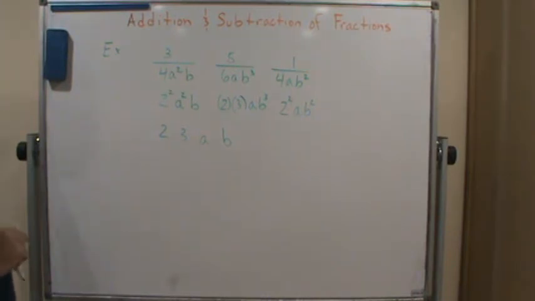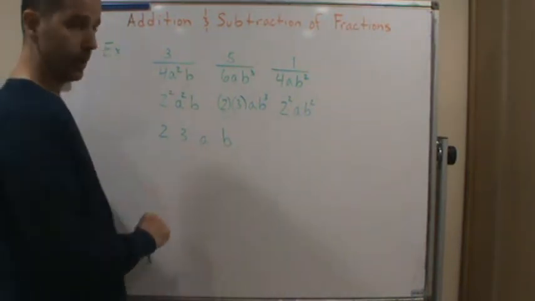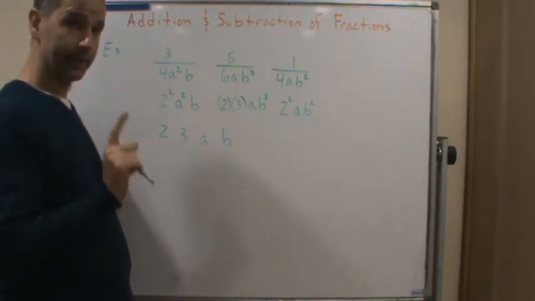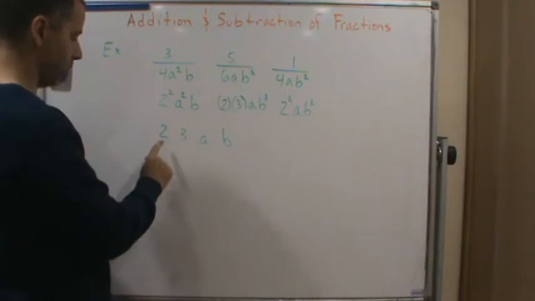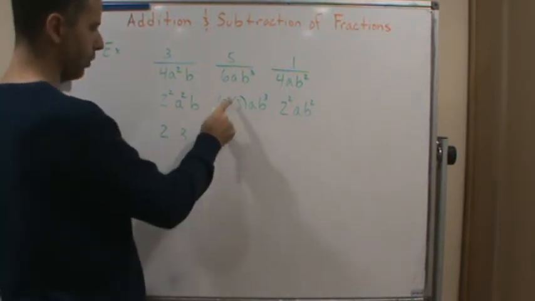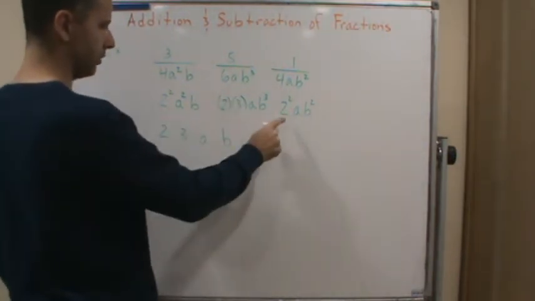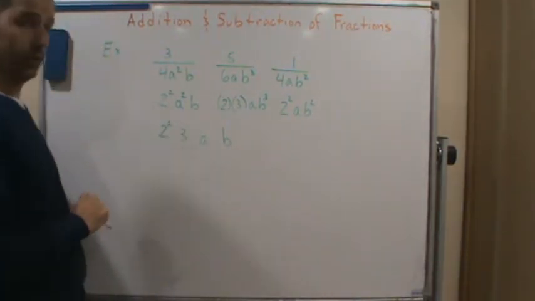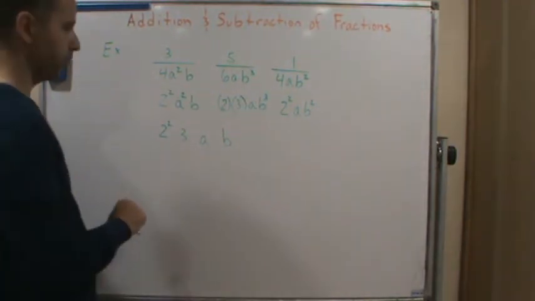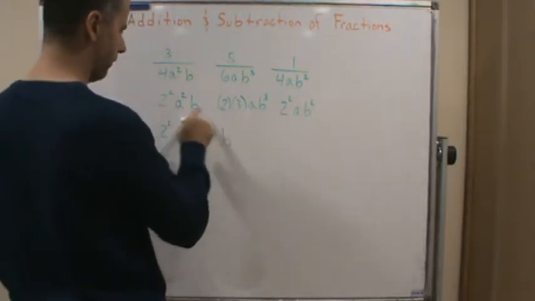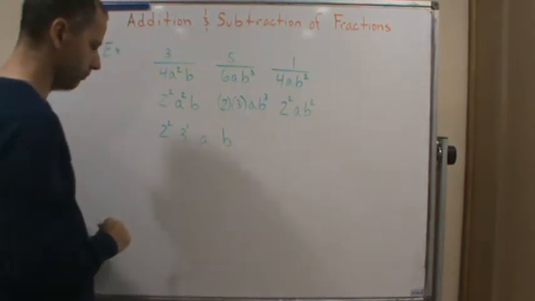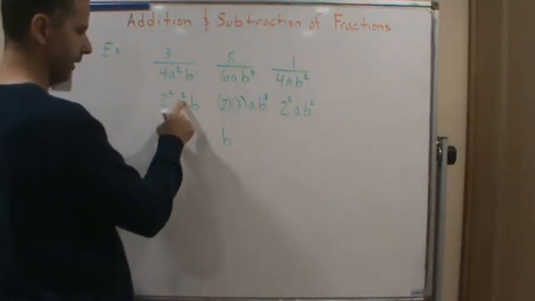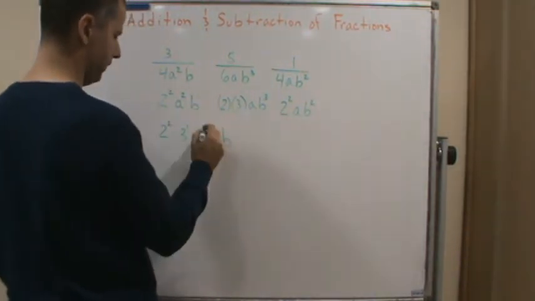So now for each different factor, we want the highest power that we can find. For 2, we have 2 to the 1 power here, 2 to the second, 2 to the second power. So the highest power is 2, and we're going to use that one. For 3, the highest power is 1. The highest power that we find with A is 2.